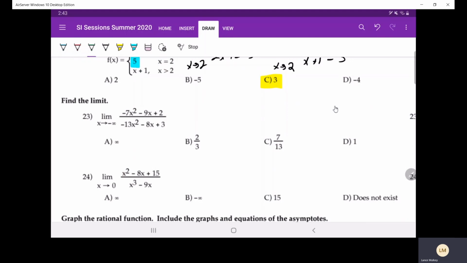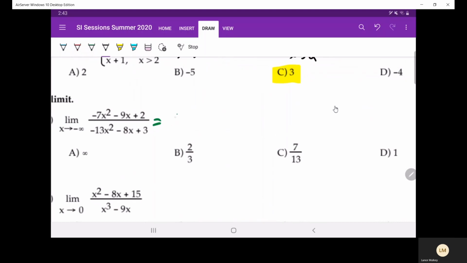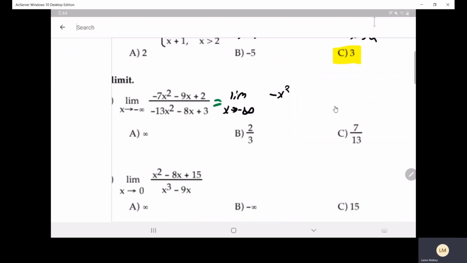All right, find the limit as x approaches negative infinity. He didn't try to confuse you. I like to take out x squared, or you can pull out negative x squared, actually. It doesn't matter.